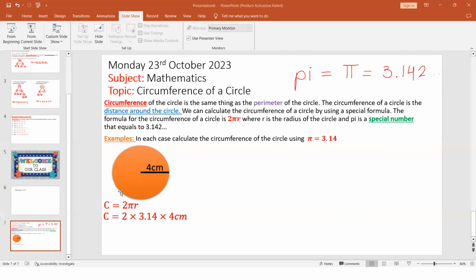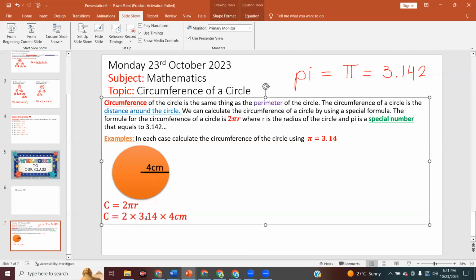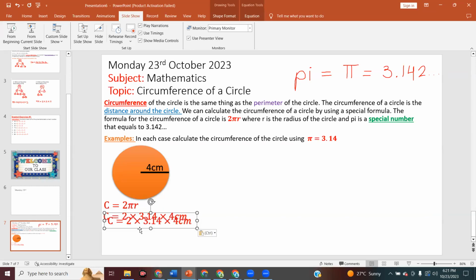So the first thing we need to do, yes, go ahead. I already worked it out. Okay, what is your answer? For those who already worked it out, put your answer inside the chat. If you already worked it out, you can put your answer, that's no problem. By the way, what is 2 times 3.14? Let's multiply it.